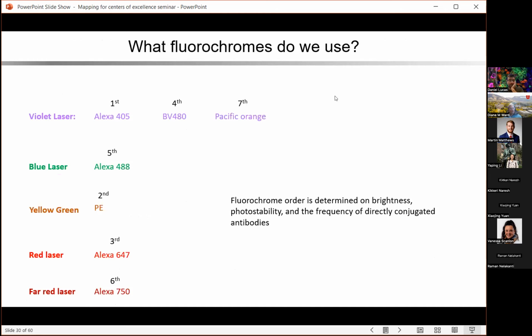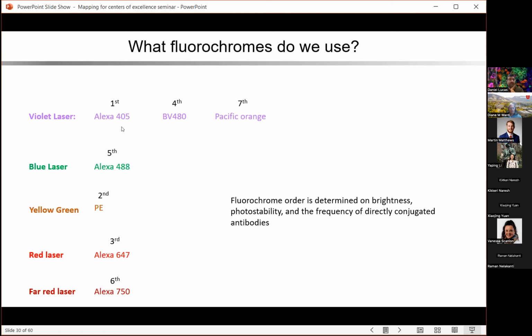What fluorochromes do we use? As I mentioned earlier, we are using Nikon AR or Nikon AXR microscopes. These have multiple lasers that are either violet, blue, yellow-green, red, or far red.